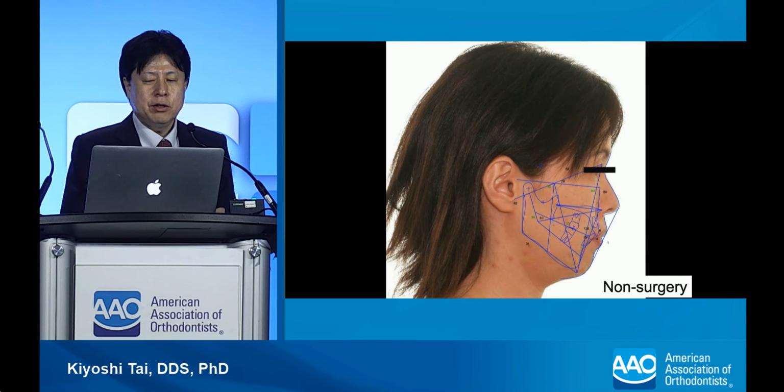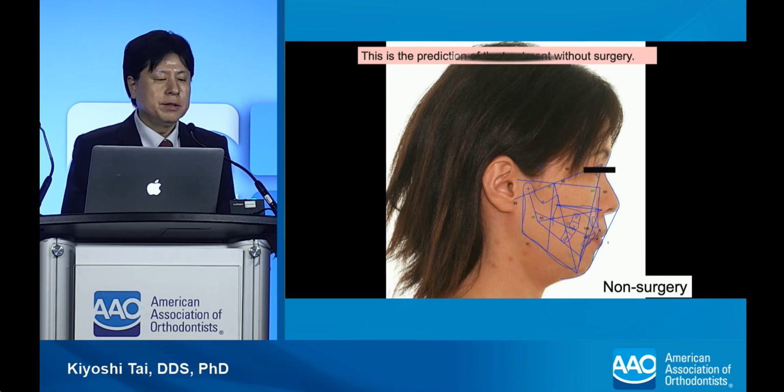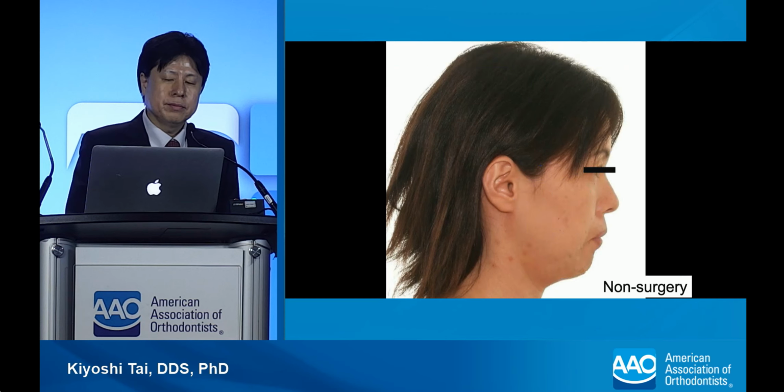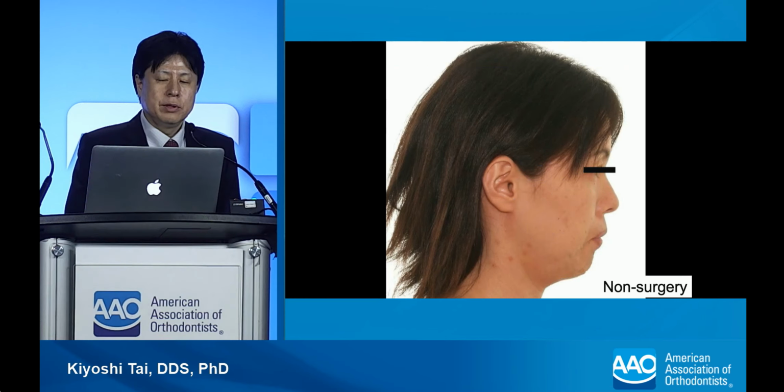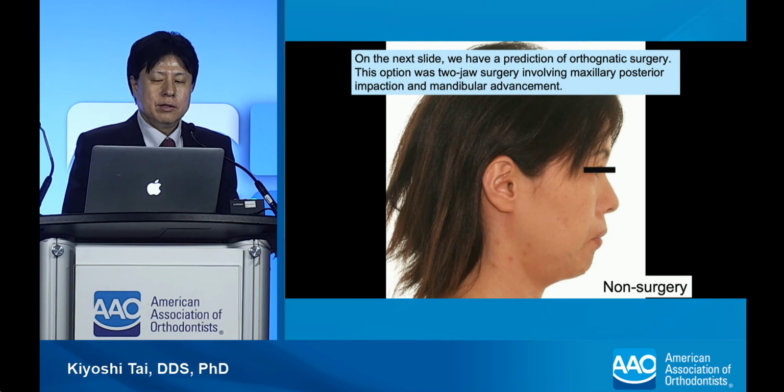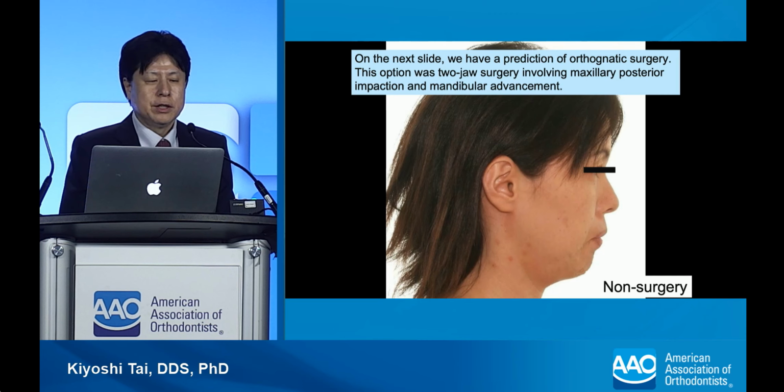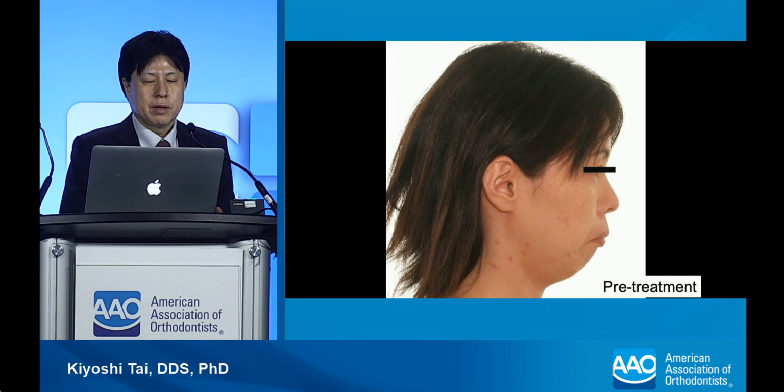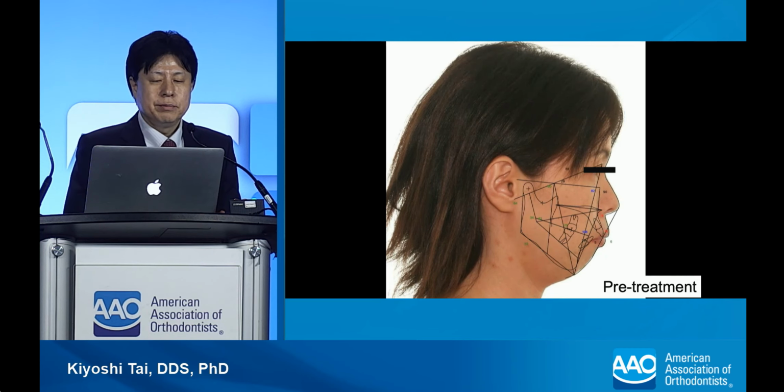This is a prediction of the treatment without surgery. For your information, orthognathic surgery was also recommended for this patient. On the next slide, we have a prediction of the orthognathic surgery. This option was the two-jaw surgery involving the maxillary posterior impaction and the mandibular advancement. Pre-treatment.